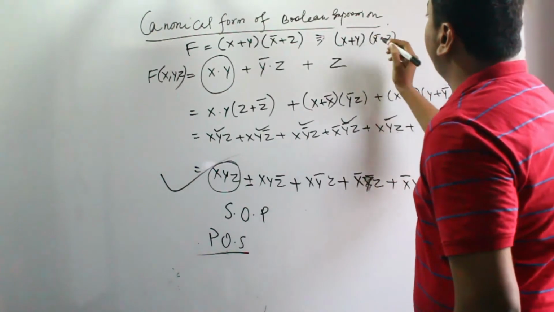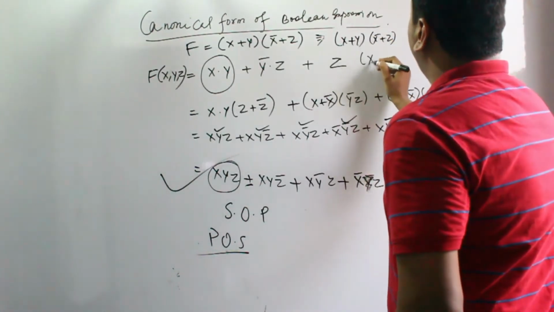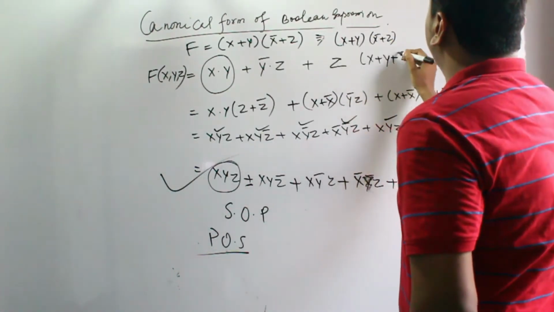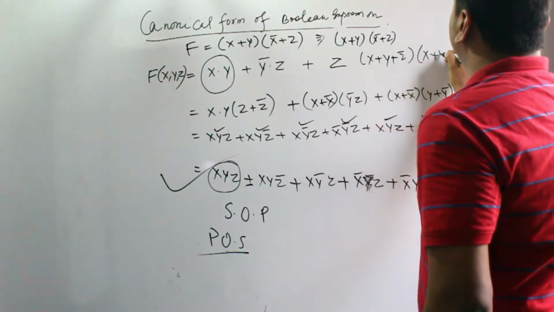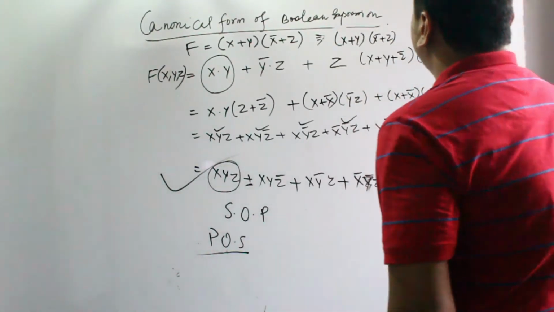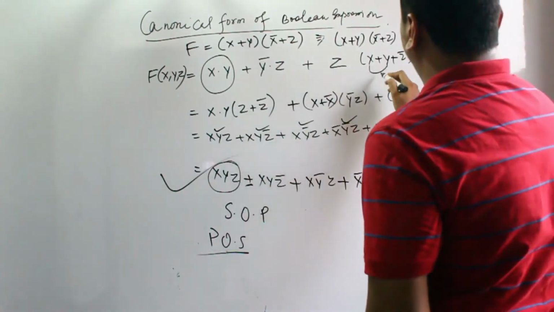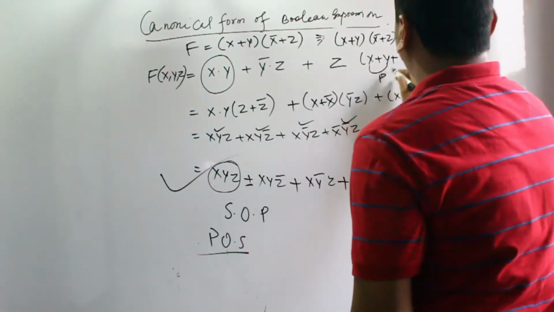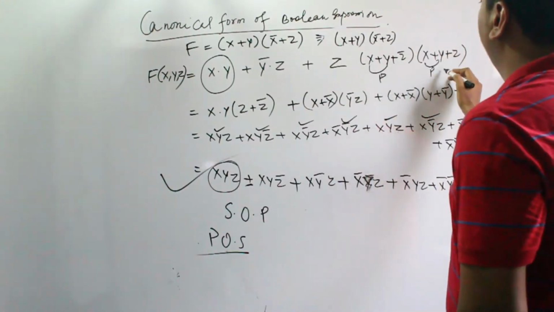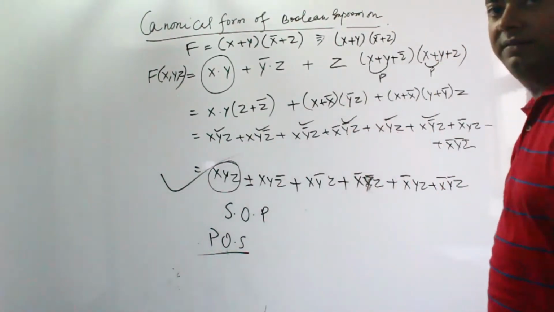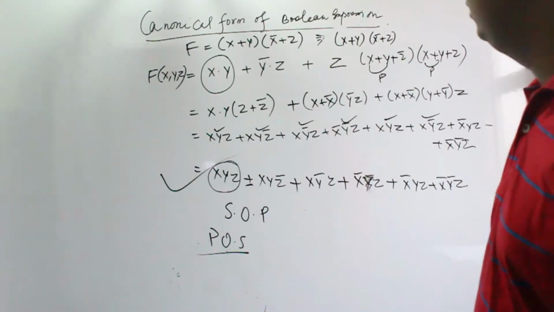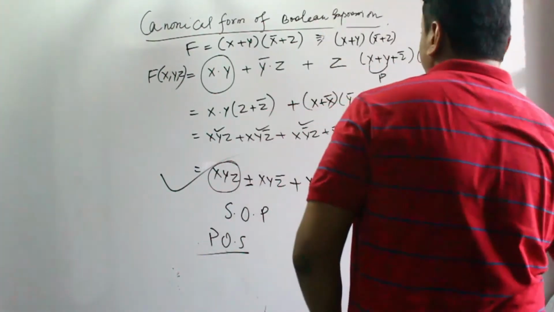So I can write x plus y plus z bar, x plus y plus z. How? This is p plus z, and this is p plus z bar and p plus z. Let me explain.